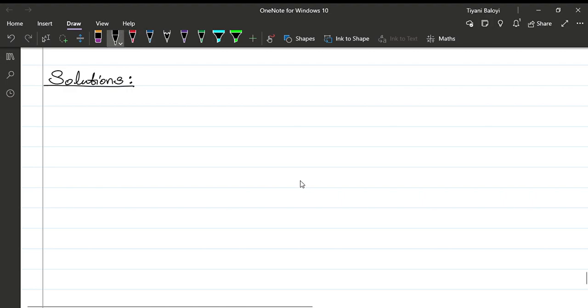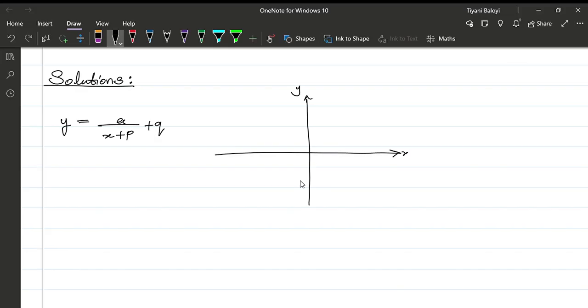Hyperbolas are usually given using this general formula, which is a over x plus p, plus q, right? And when you draw them, let's say this is the y-axis and this is your x-axis. You will draw them like this. This is the general hyperbolic function, right?